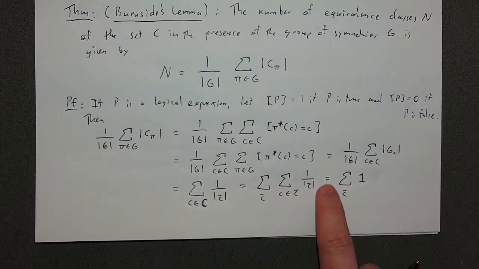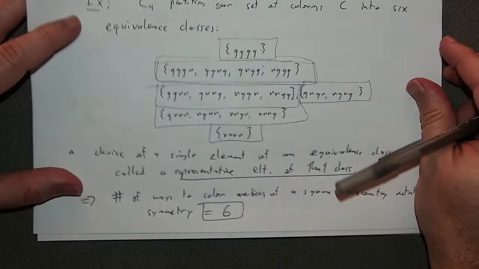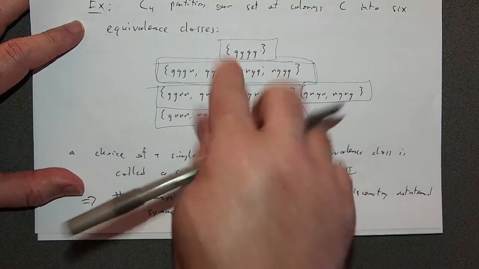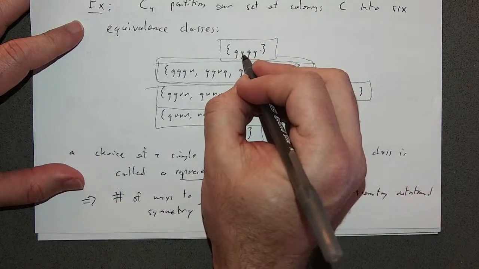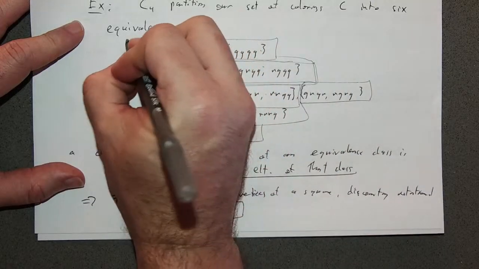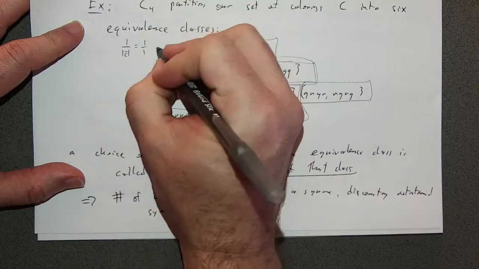But I want to say, why is this equality holding? Let's look at the example that we did previously. Here, you have one object in your equivalence class, and so 1 over the size of C bar is 1 over 1, which is just 1.